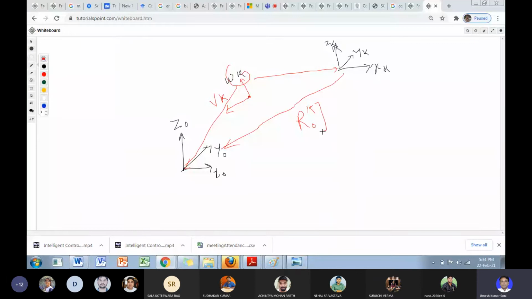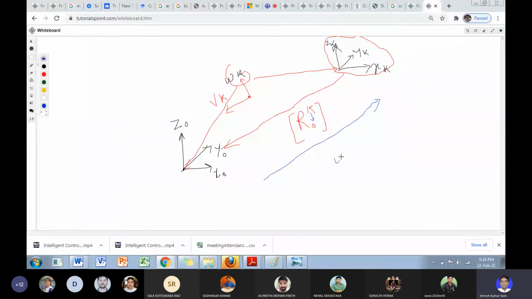Because the angular velocity is there, we will use the orientation matrix Rk0, which represents the transformation of this coordinate frame to the base frame. Here I show you by an arrow that we are transforming the kth frame with respect to the base frame. Now we want to change this to this, then what will be the value?